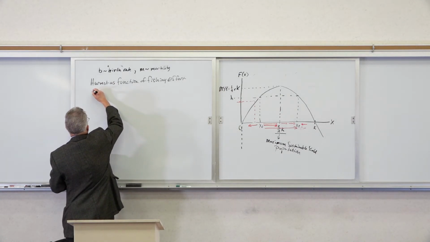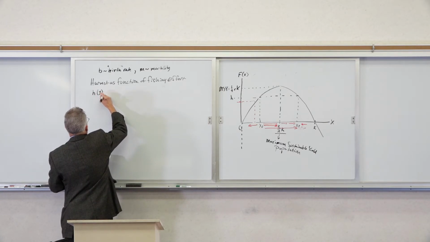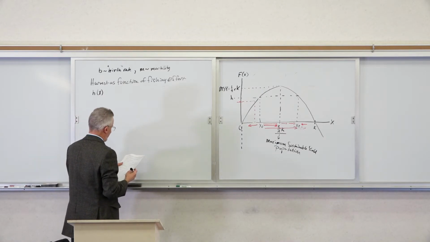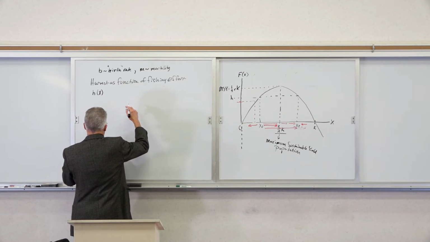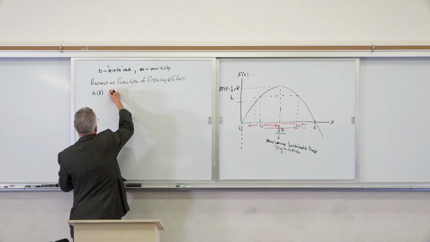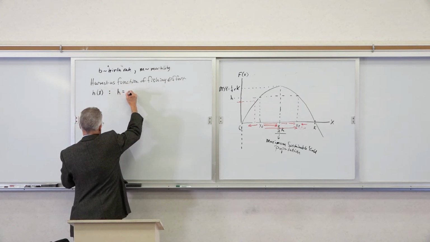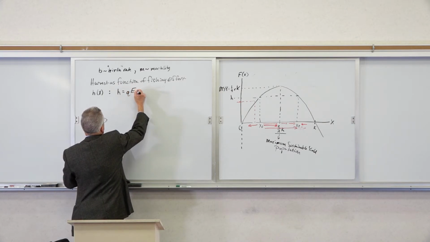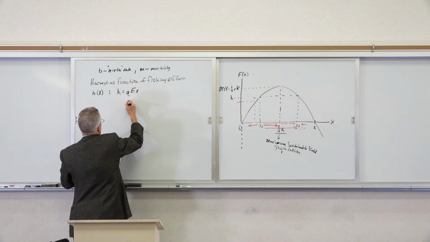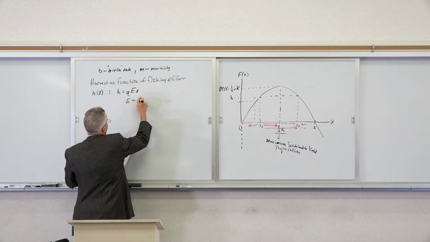And so let's say that the idea is that harvest will be a function of x, and the assumption used in Schaefer is that maybe it takes this form. H equals QEX, where E is some measure of effort.